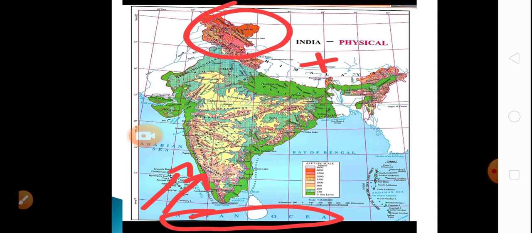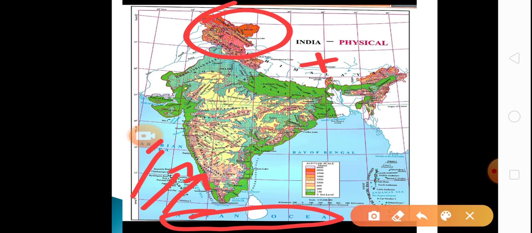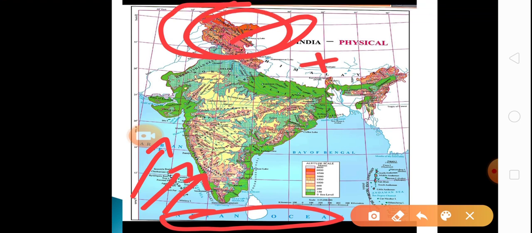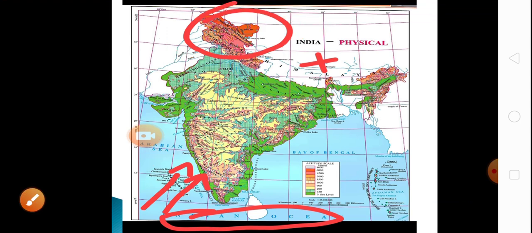Mainly, if we talk about India, the Indian Ocean and the Himalayan ranges, both. You can see the Indian Ocean over here and the Himalayan range over here. Both exert a great influence on the climate and origin of monsoons in India. This too plays a very important role in bringing the monsoons in India.